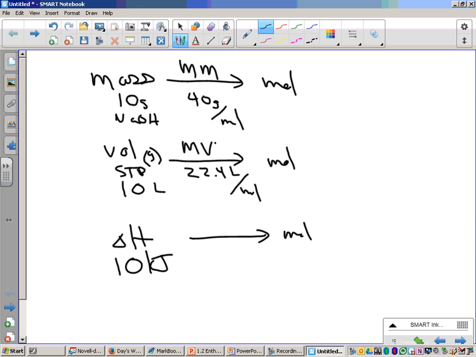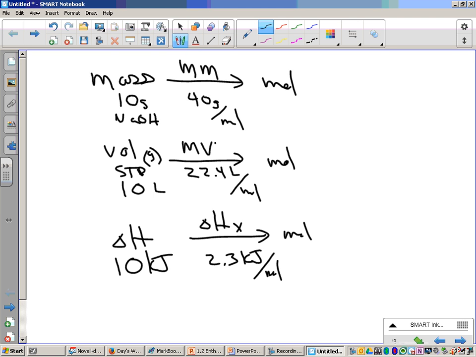So I would use a delta H subscript X. The little x is what tells you it's a molar enthalpy, and the unit will tell you too. The molar enthalpy has to be determined by some experimental means, but let's say in this case it's 2.3 kilojoules per mole. I could then take my kilojoules and the molar enthalpy, do some conversion factor stuff, and figure out how many moles I have.